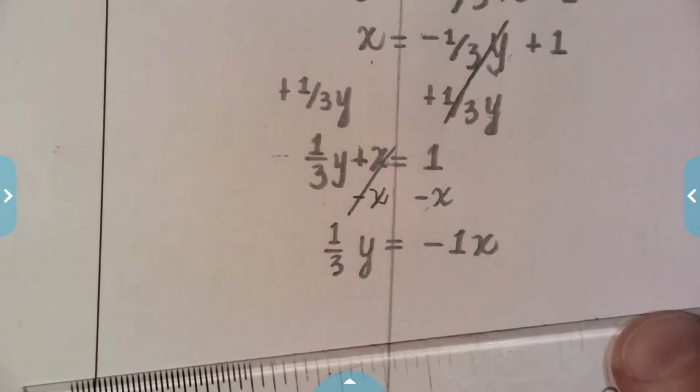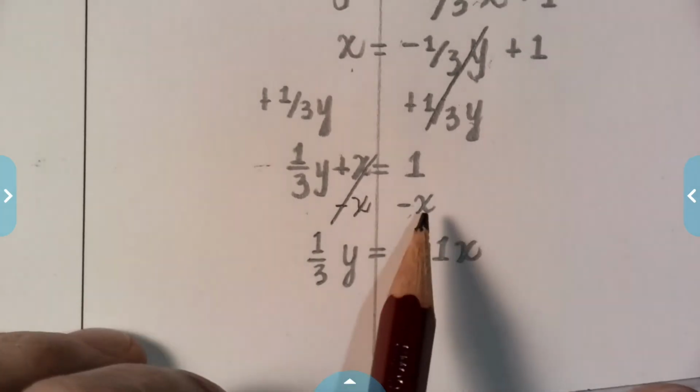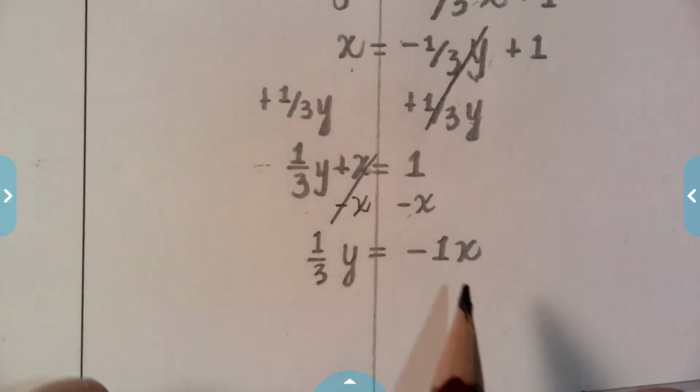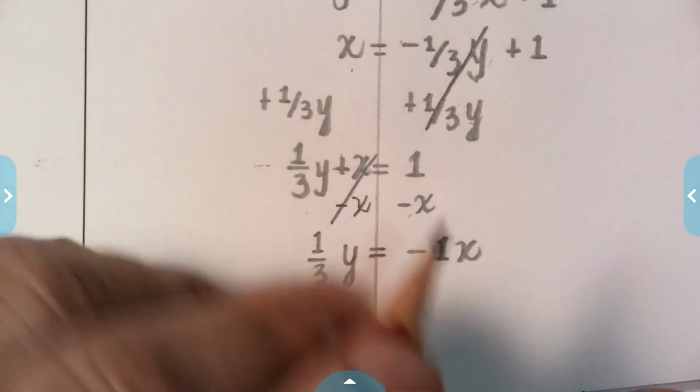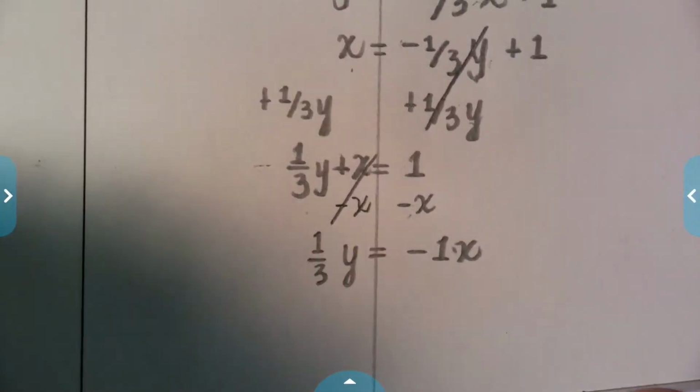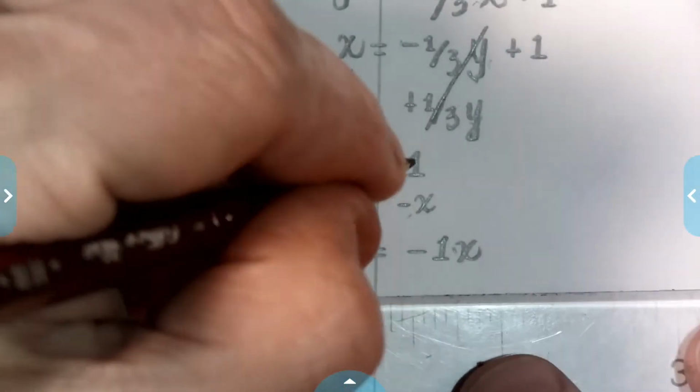negative 1x. Again, you'll see me do this from time to time where the naked variable is fine in some cases. In other cases, it's helpful to have the 1 there to remind you that you are, in fact, multiplying negative 1 times x. Okay? So negative 1x plus 1.